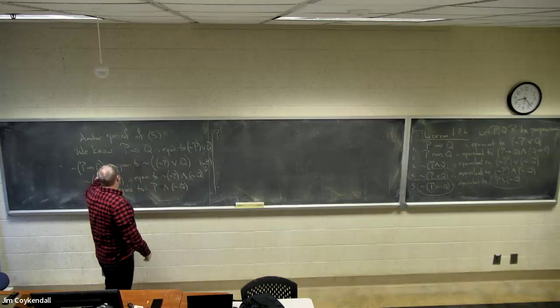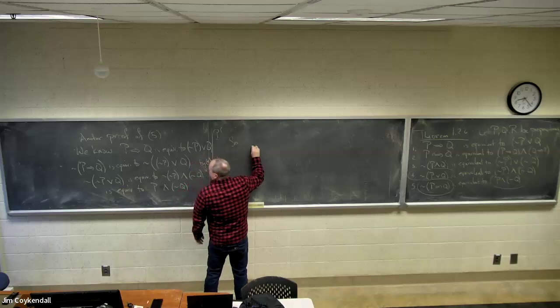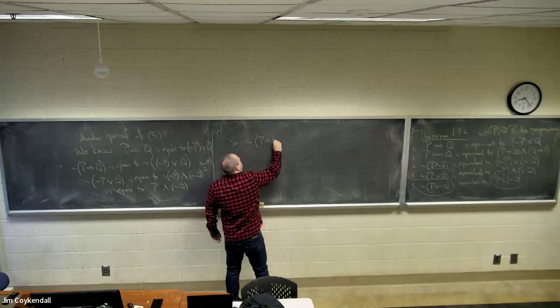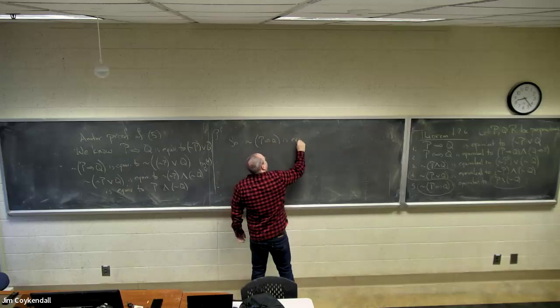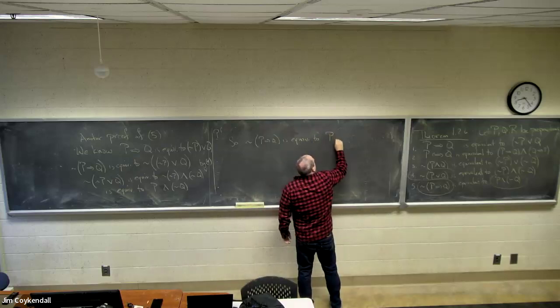This is equivalent to this, which is equivalent to this. So in conclusion, not (P implies Q) is equivalent to P and not Q.